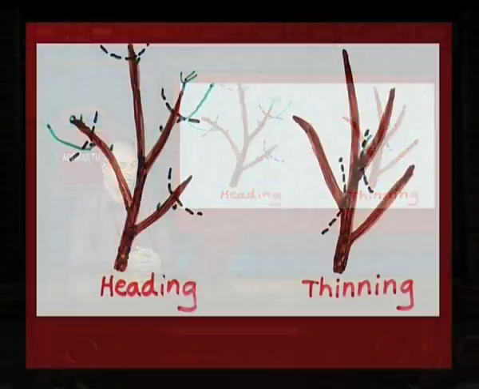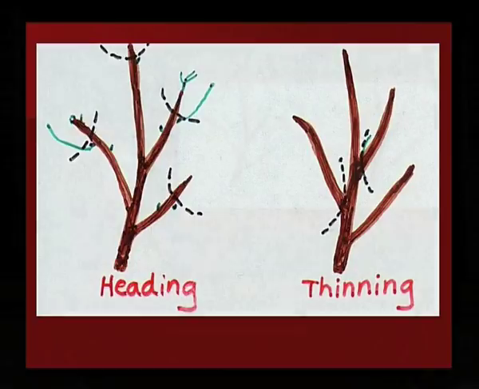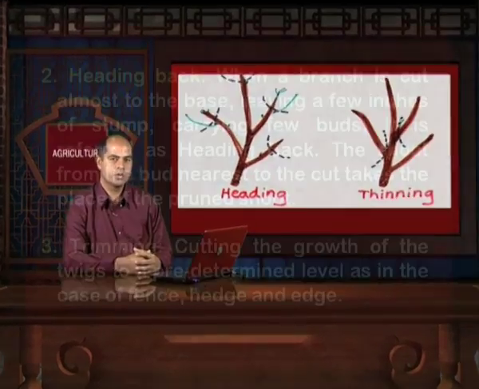This slide shows how the heading back and thinning of the branches is practiced. In heading back, you can clearly see the dotted marks on the top of the branches, and in thinning, you can see the dotted marks at the inception or origin of the branches, so that in thinning practice, the branch from its origin is removed.